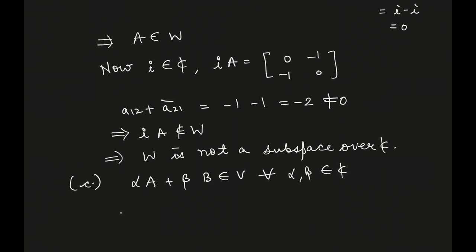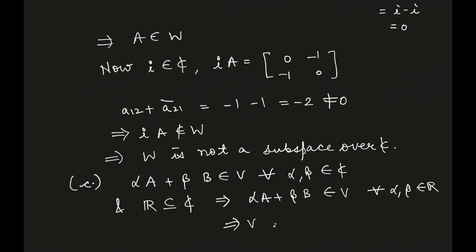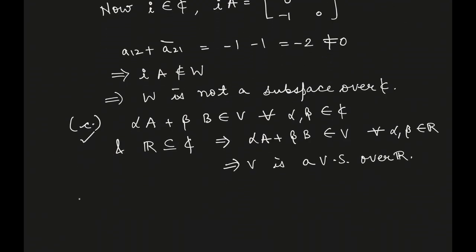And I know that real numbers are contained in complex numbers. So alpha A plus beta B belongs to V for all alpha, beta belonging to real numbers. So V is a vector space over R. C part is correct.